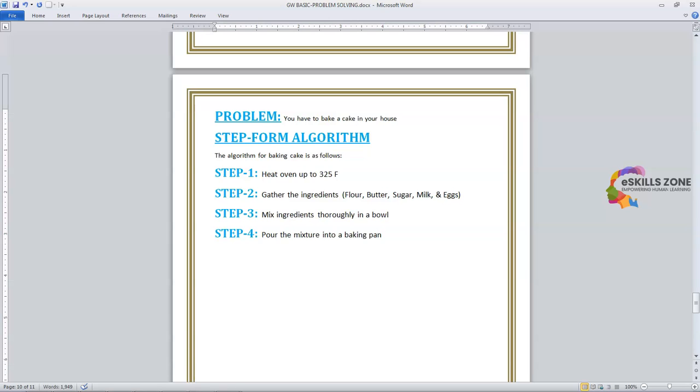So pouring a mixture into a baking pan is step number 4. Step number 5 is bake in the oven for 50 minutes.